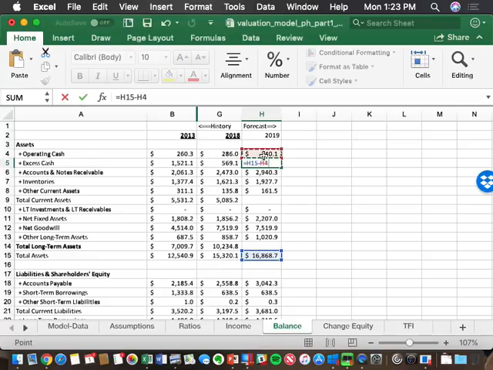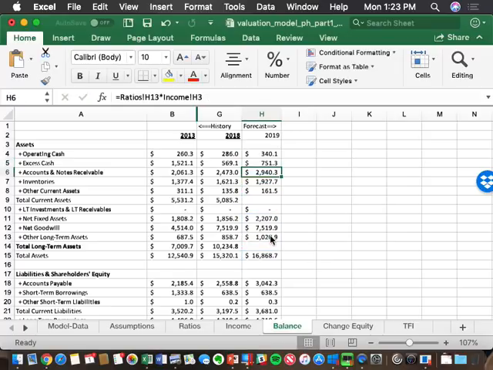So minus H4, operating cash, minus H6, accounts and notes receivable, minus H7, inventory, minus H8, other current assets, minus H10, long-term investments, minus H11, net fixed assets, minus H12, goodwill, and minus H13, other long-term assets. If we've done it right, we'll get 751.3 of excess cash, and you won't have a circular reference.